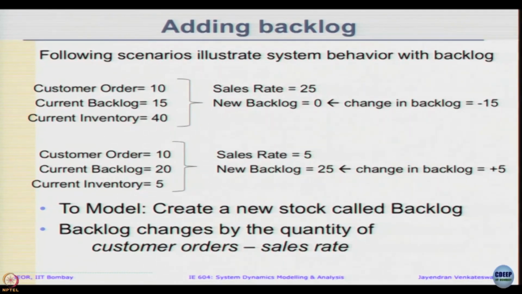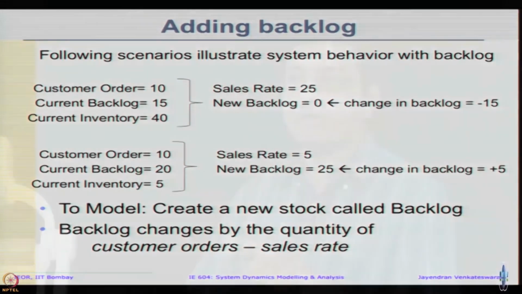Those who are joining us now, what we are trying to do is include a backlog in our existing retailer model that we used last class. So, you have the retailer only model, the single player model with the adjustments for supply line, adjustments for inventory, and also the maximum sales rate also incorporated, the final model that we built.